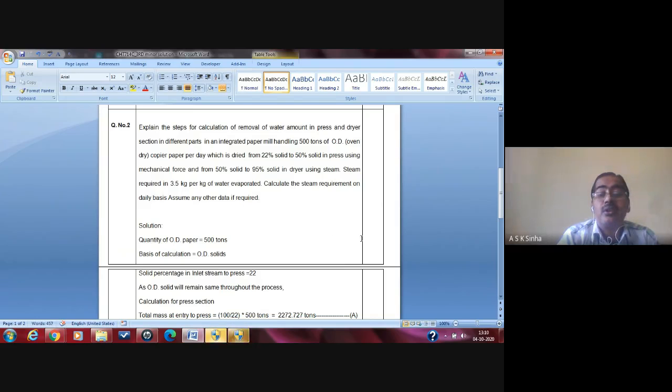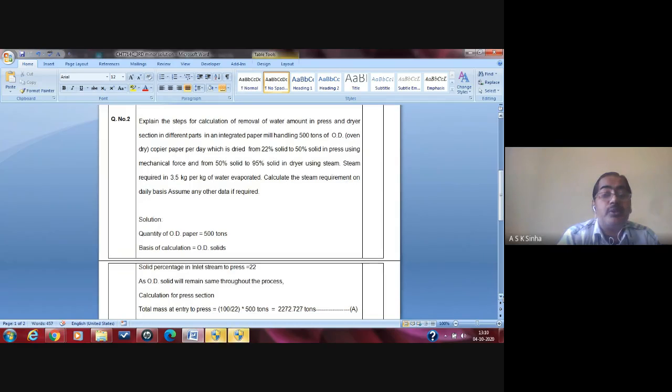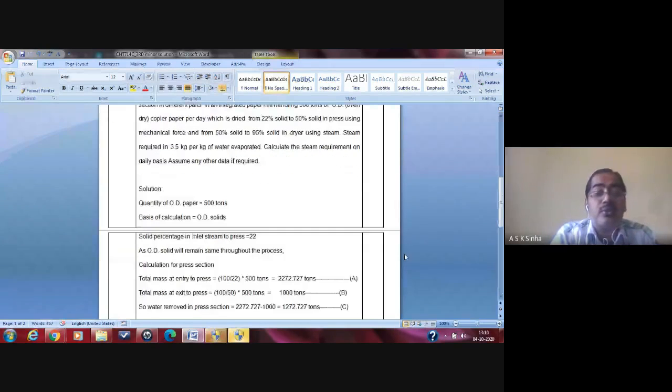You can start from the quantity of paper that is to be manufactured in the machine. The quantity is given: we are manufacturing 500 tons of paper. Normally in industry, the final paper coming at the drum reel after completion of drying has about 2 to 3% moisture.